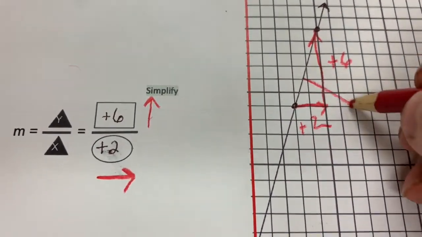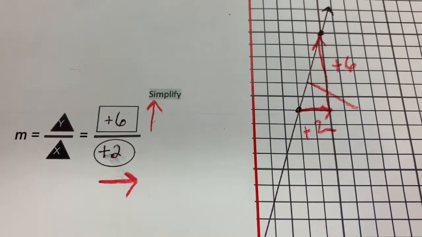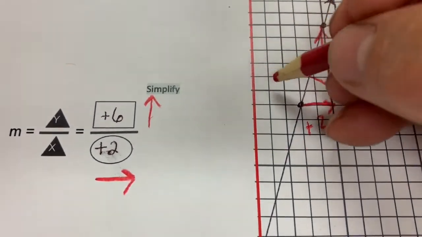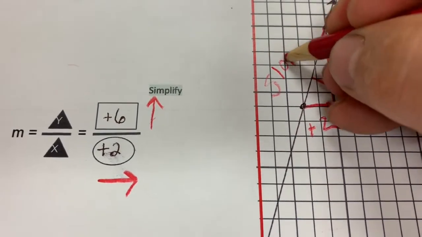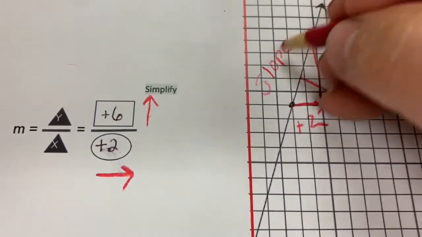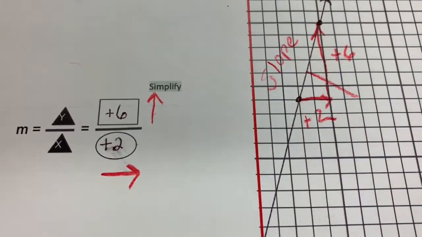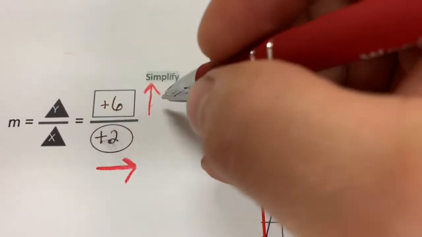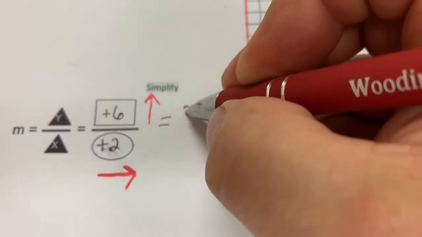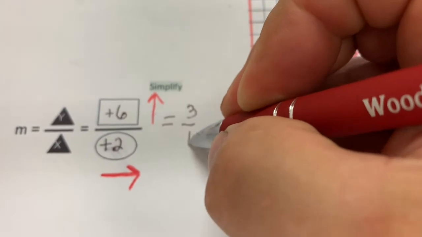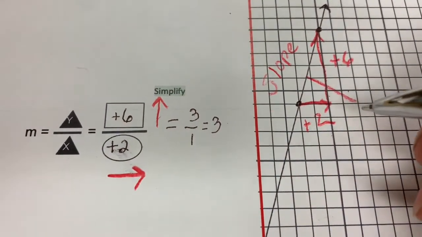If you look at it right there, you can see that this is a fraction, 6 halves. I know it's a positive slope. If I write the word slope on this line, it's going uphill. Positive slope. All right, if we simplify this fraction, it's equal to 3 over 1, which is 3.